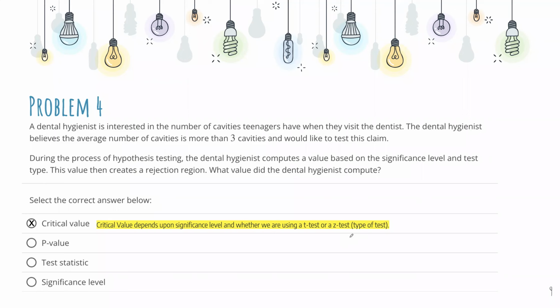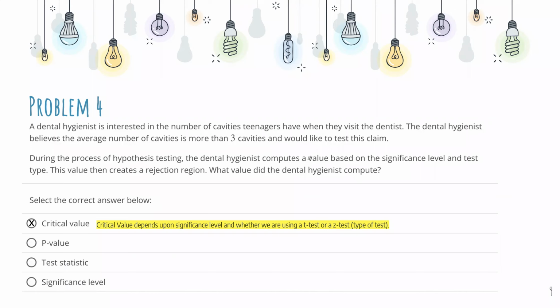She believes the average number of cavities is more than 3 and would like to test this claim. During the process of hypothesis testing, the dental hygienist computes a value that is based on the significance level and the test type.